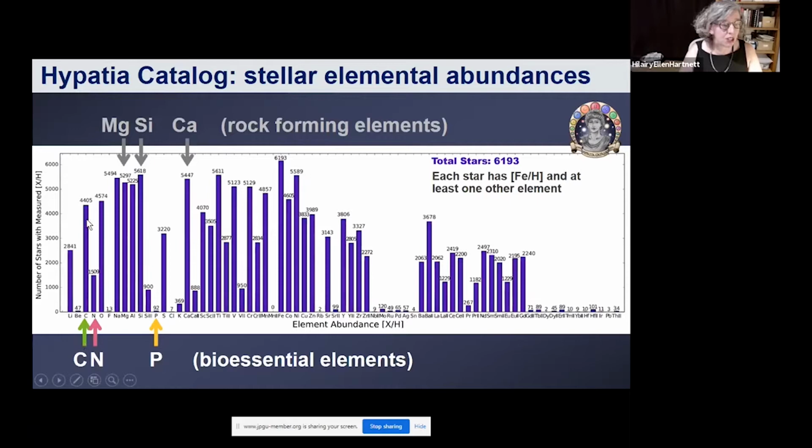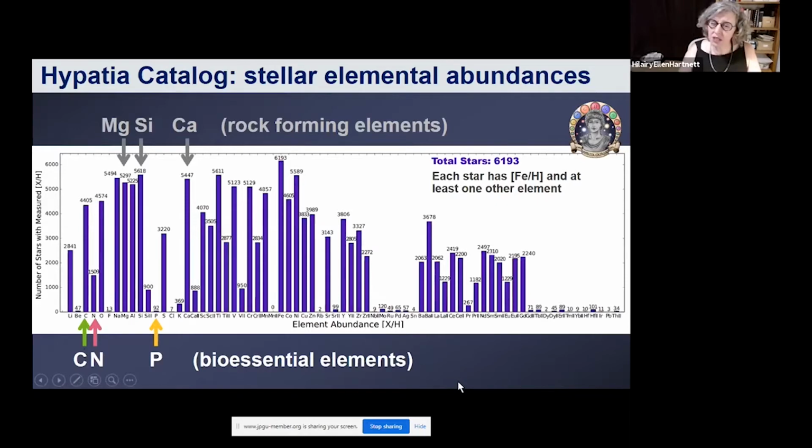There's 4,500 carbon measurements, maybe 1,500 nitrogen measurements, but phosphorus here has only 92 stars that have phosphorus measurements at all. This suggests that if we're interested in phosphorus, we don't have a whole lot of phosphorus data to look to.